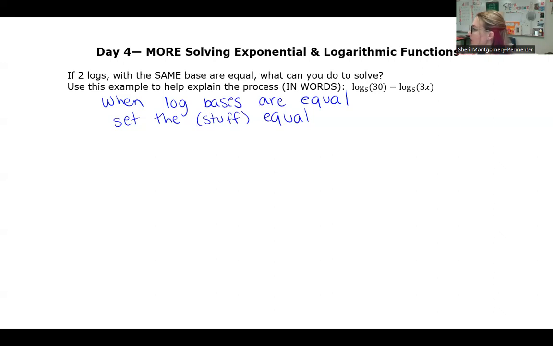If you call them exponents, then erase it and you could call it stuff. So when the log bases are equal, you can set the stuff equal and solve. And so, yes, that's exactly what you do. These cancel out, and then you set the stuff equal.